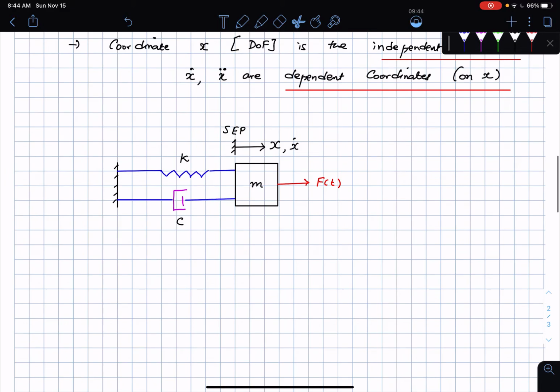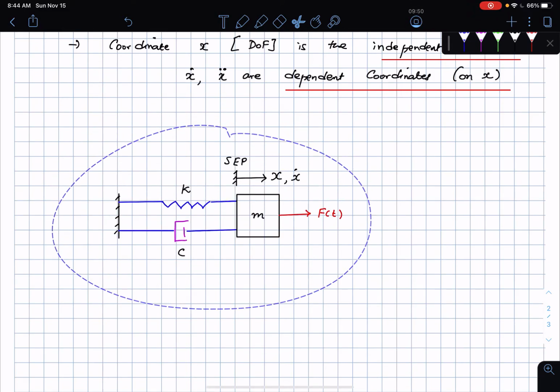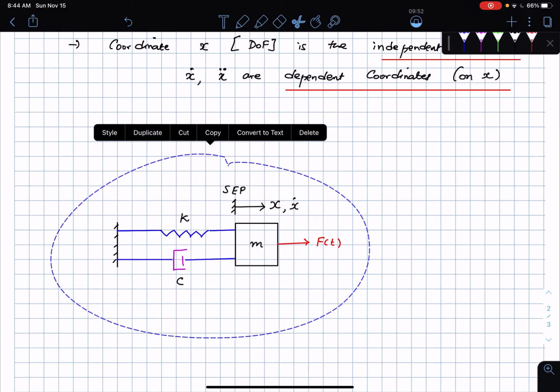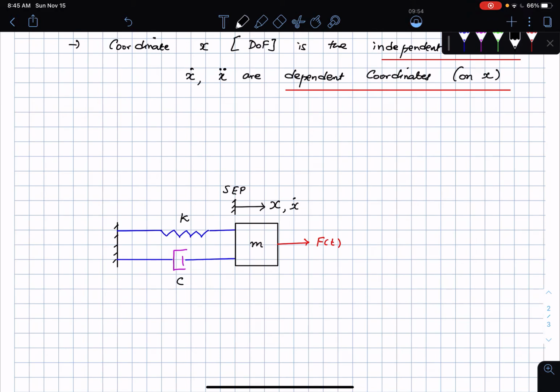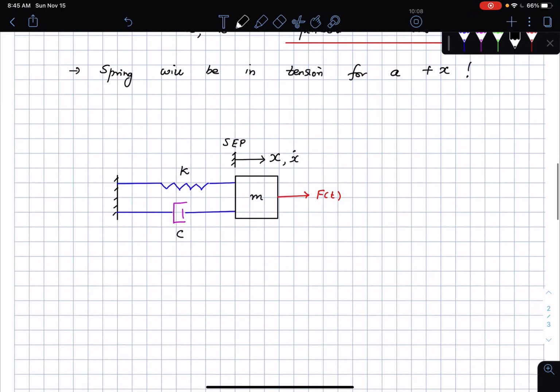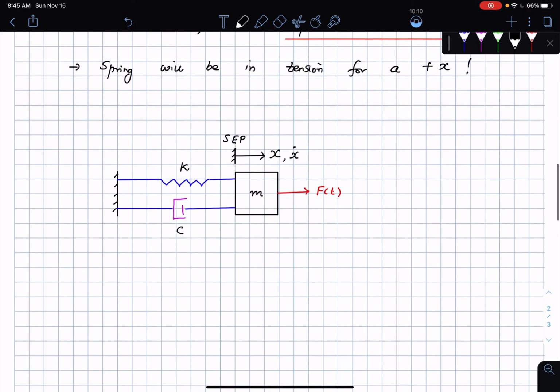The spring is going to be in tension for a positive value of x. I want to write that down as well before I move ahead and start manipulating this figure here. So the spring is going to be in tension for a positive x.